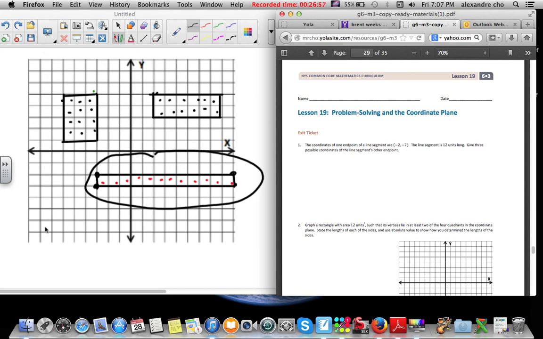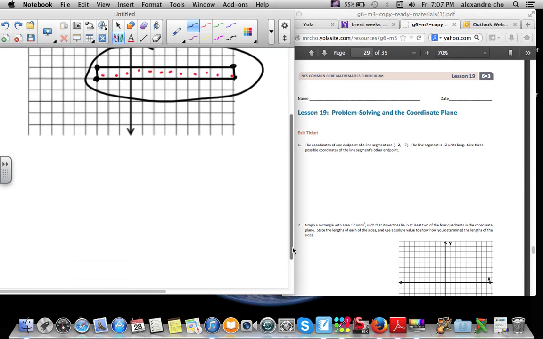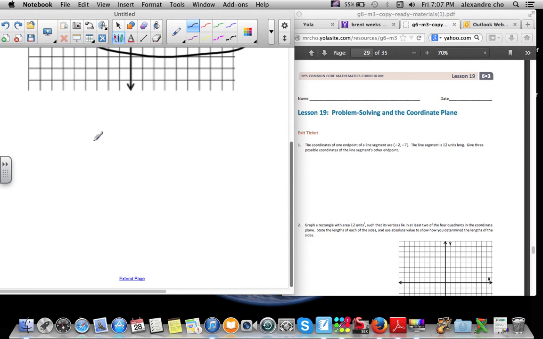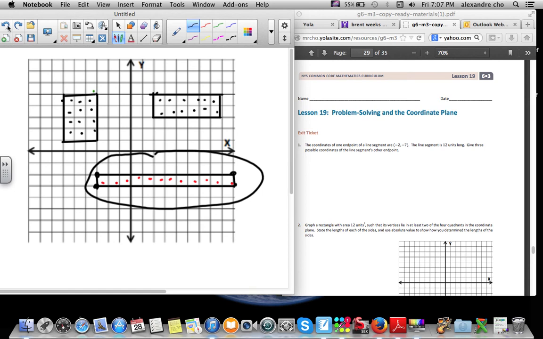Okay. So let's see. Oh yeah. What can I write? Well, you know what? I'm going to go backwards here. Here are your lucky numbers.